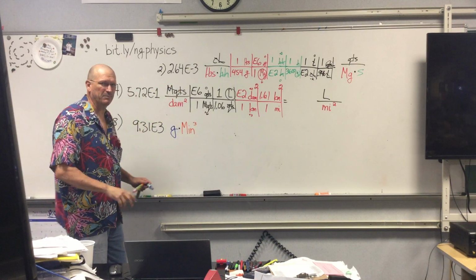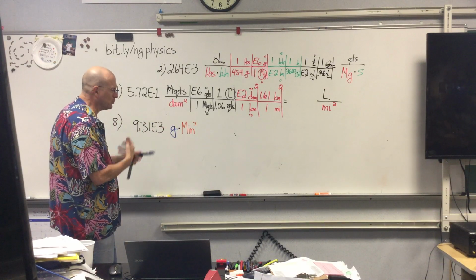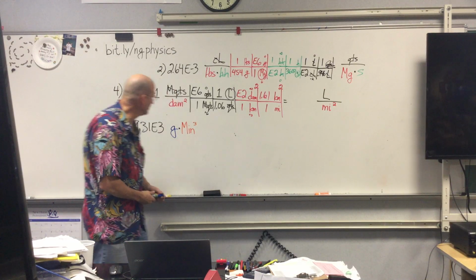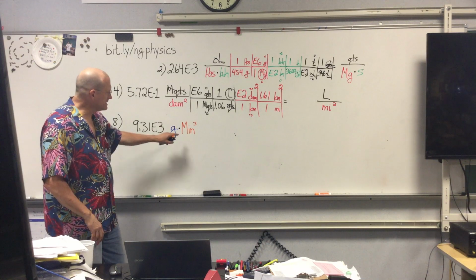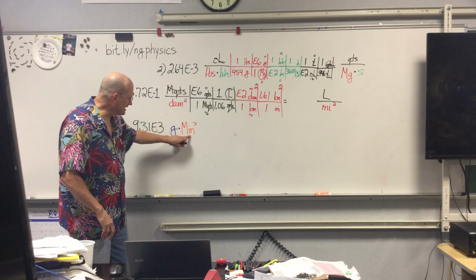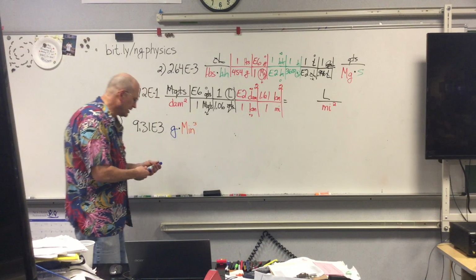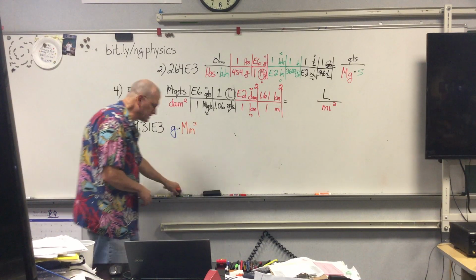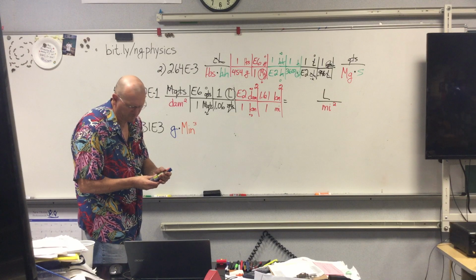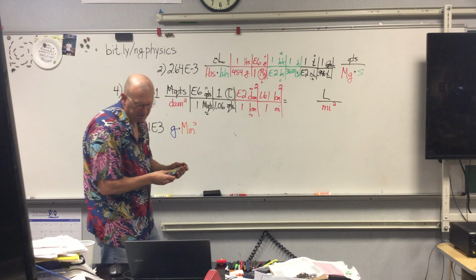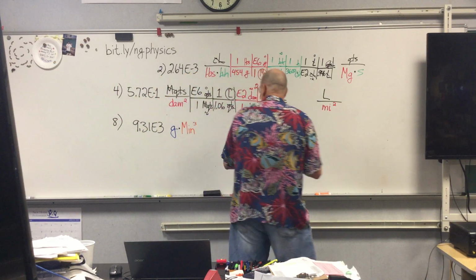So, again, remember, MIN, most people, if they haven't had to worry about units before, would be saying, oh, that's minutes. It's not minutes. This IN is inches, and the capital M is mega. Okay, and we want to go to, let's see, what's our finishing units? It's hectopounds.